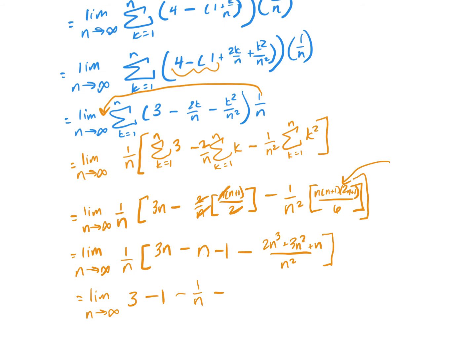The denominator should be 6n squared, not... Thank you. Minus the whole fraction 2n cubed plus 3n squared plus n over 6n to the third. How am I doing? Are we at a place where we can take the limit yet? It feels like we could take the limit.